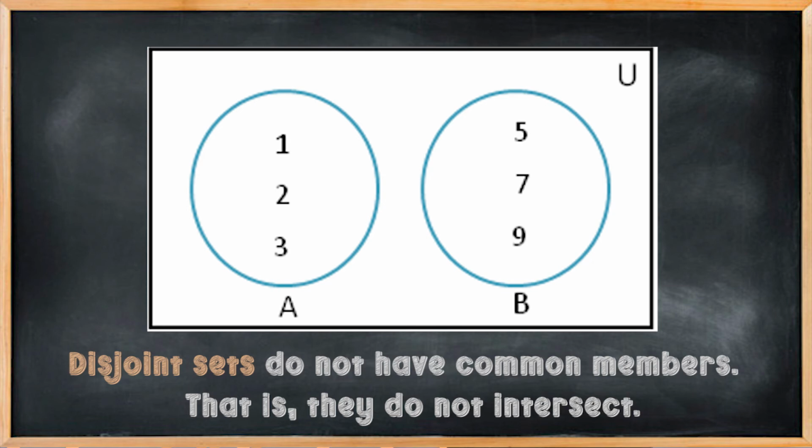Here is an example of disjoint sets. Are they intersecting, children? No, because they have no common members. So let's recap. The union of two or more sets would be those members that we join together.